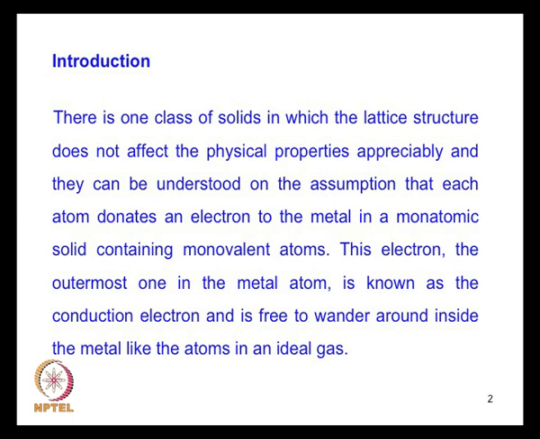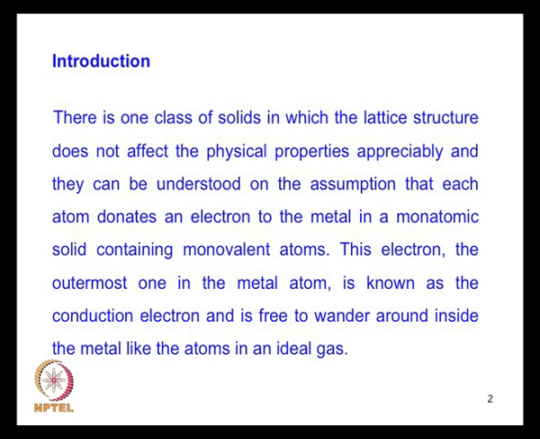The behavior of these metals can be understood on the assumption that each atom donates, in the case of a monovalent metal, one electron to the metal, and this electron is usually the outermost one in the metal atom.